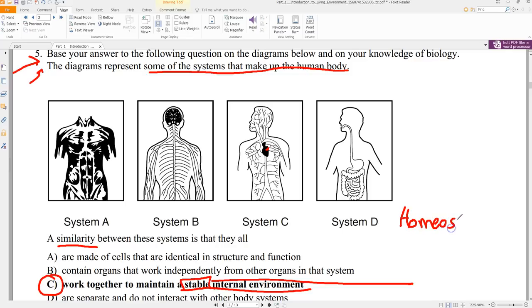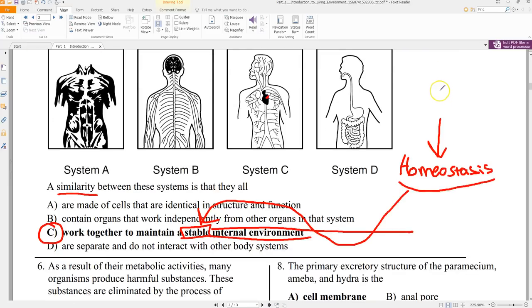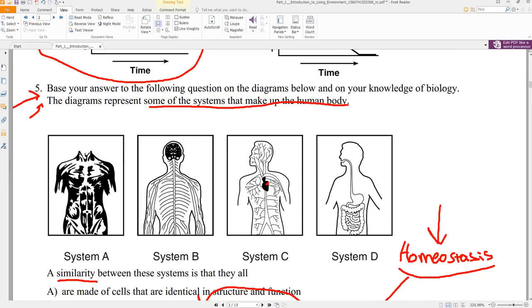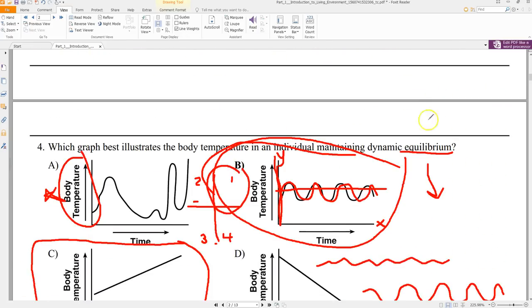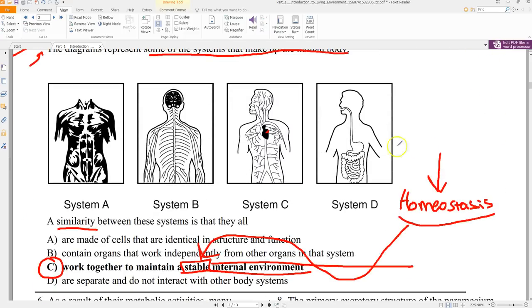Sometimes the answer is not as complex as you think. Homeostasis can also be referred to as a stable internal environment, and it can also be equilibrium.